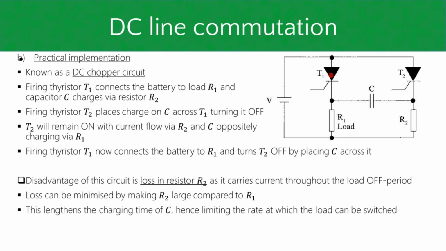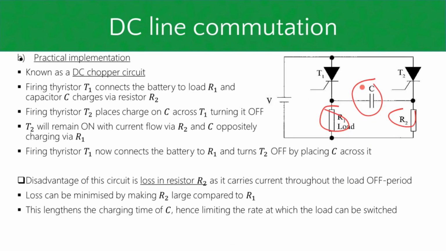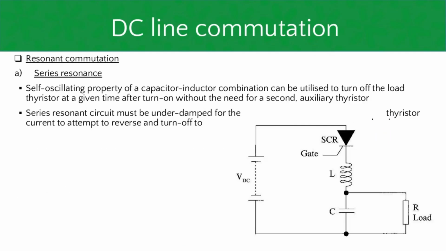You're going to have the two SCRs alternating between being off and on, and the timing between the two is going to be determined by the size of this capacitor and the charge and discharge relationships between R1 and R2 here. That will determine when T1 and T2 are going to be on or off. There is also an example in the textbook with calculations for the size of the capacitor and the on and off times for the two thyristors.